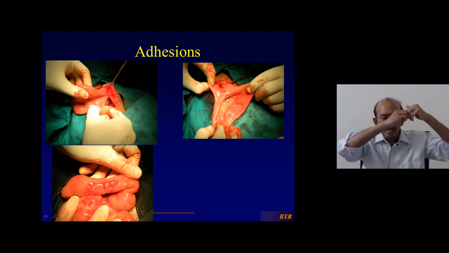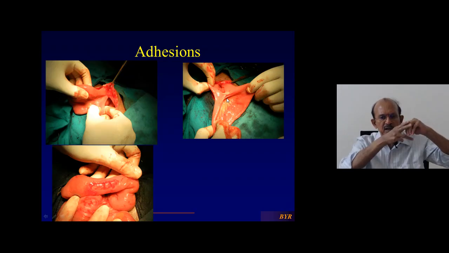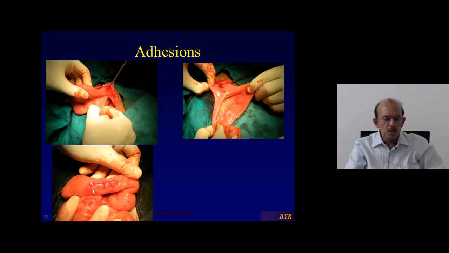So when they are stuck to one another and you cut in between, you will have raw areas like this. This is a non-peritonealized surface. The peritoneum also got denuded here. Peritoneum and some amount of muscle tissue of the bowel has been lost here.